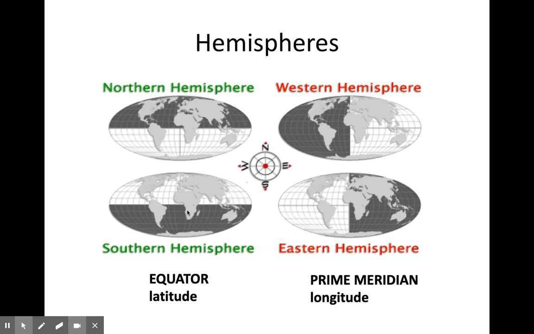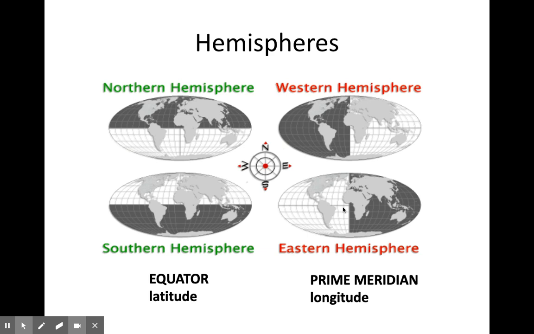The northern hemisphere and the southern hemisphere are divided by the equator. The equator is a latitude line. All the latitude lines go horizontal, where the prime meridian, which divides the eastern and western hemisphere, are longitude lines.